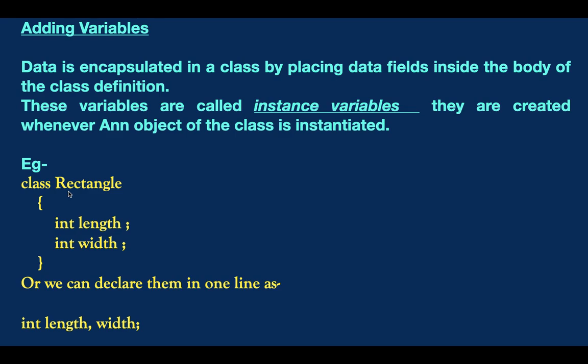Here I have two variables, length and width, and both are of integer type. You can have any other type depending upon the need. Or in one line we can declare them straight away as int length, width, because both are of integer type, we can declare them in the same line using a comma. But remember, it ends with a semicolon. So this is how we can add variables in our class.